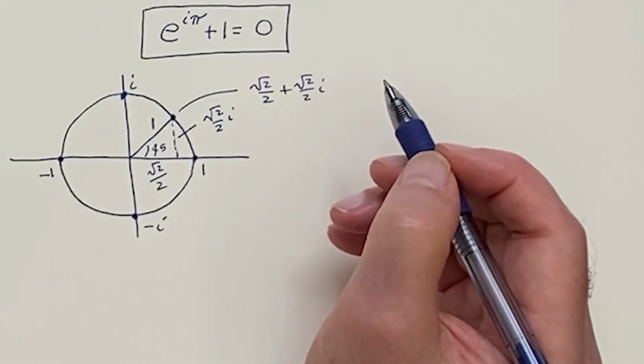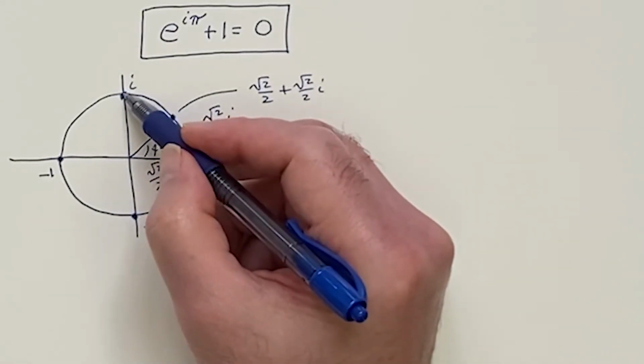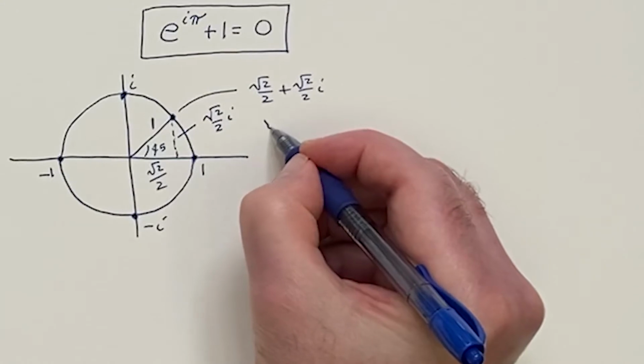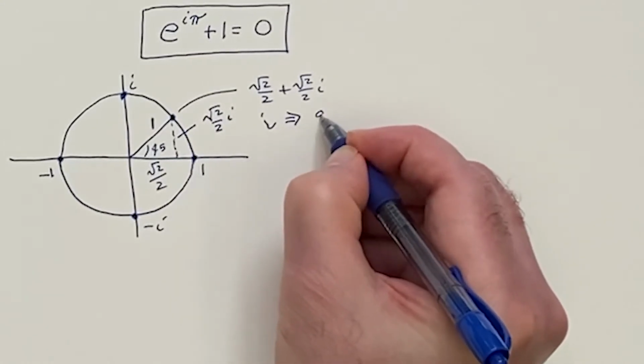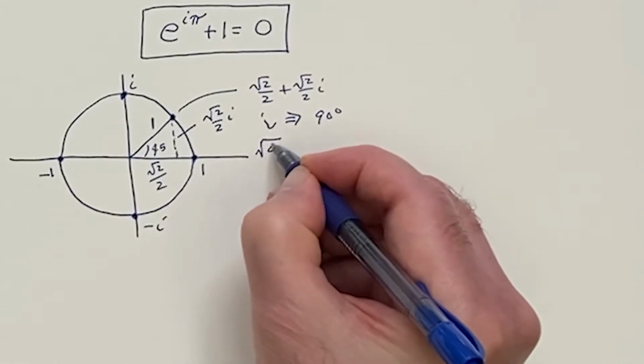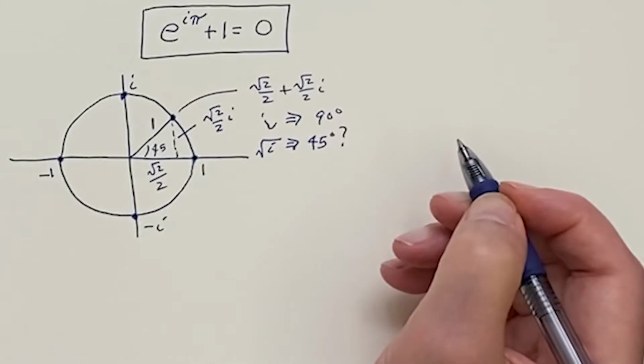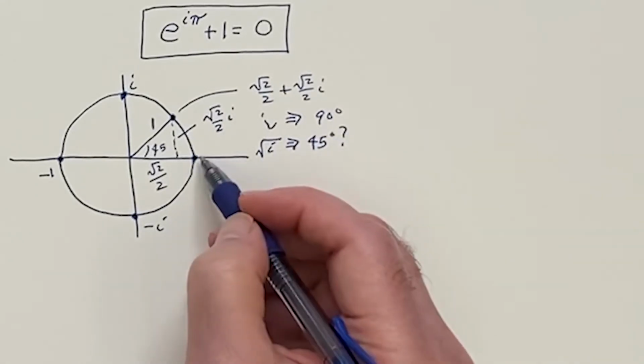Now, the question here is, if I multiply by i, I rotate 90. So my question is, if I rotate by square root of i, would that be going like 45 degrees? Is that how it works?